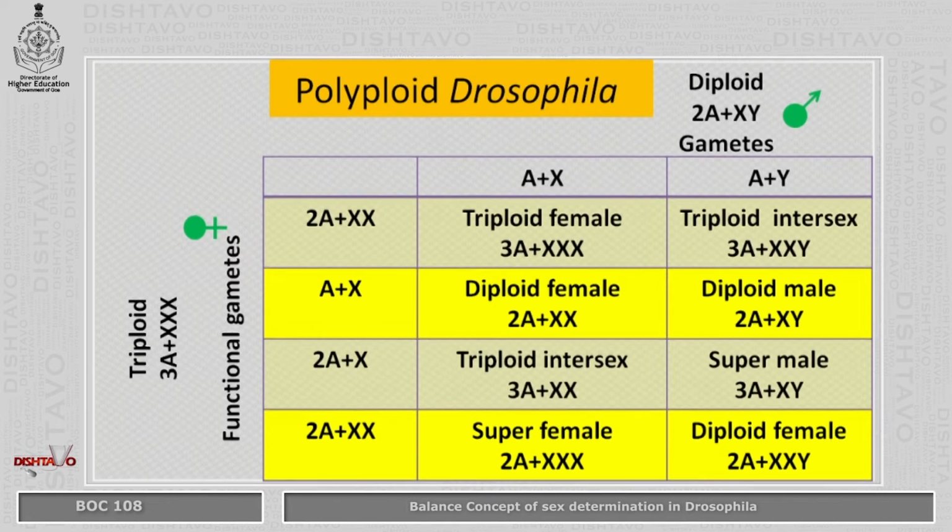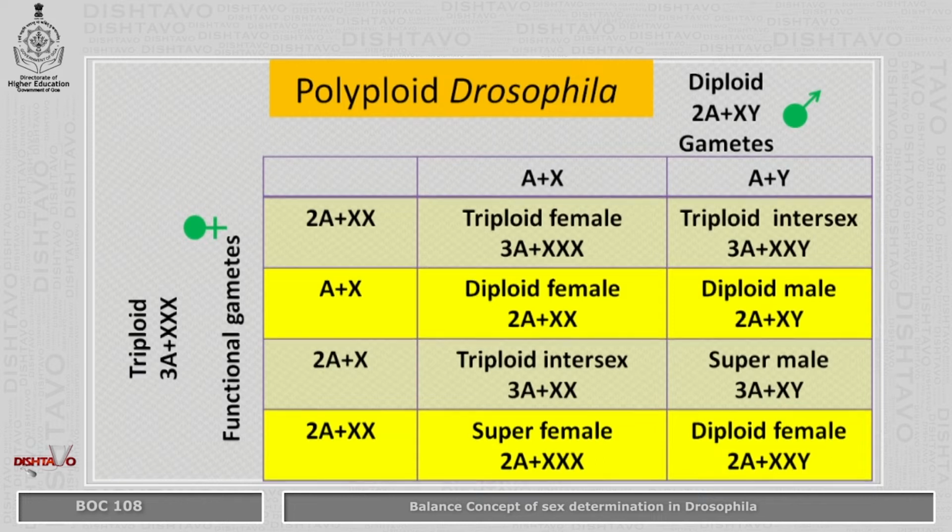Now let us move on to the cross. When 2 autosomes and 2 X chromosomes of the female are crossed with 1 autosome and 1 X chromosome, the resulting offspring is a triploid female having 3 autosomes and 3 X chromosomes.